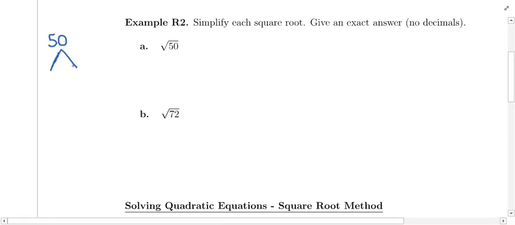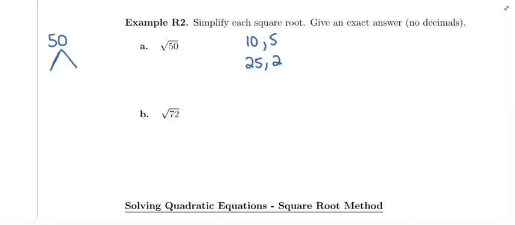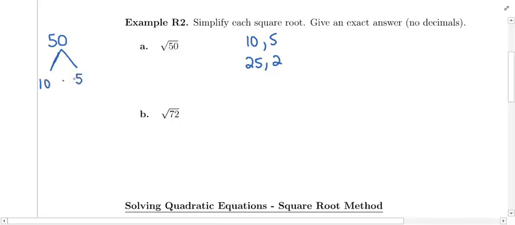Think of two numbers that you multiply together to get 50. Well, we've got 10 and 5, that works. 25 and 2 also works. You can pick either of these. It doesn't matter which pair you go with, you will end up in the same place at the end of the day. I'm going to go with 10 and 5. So 10 times 5 gives me 50.